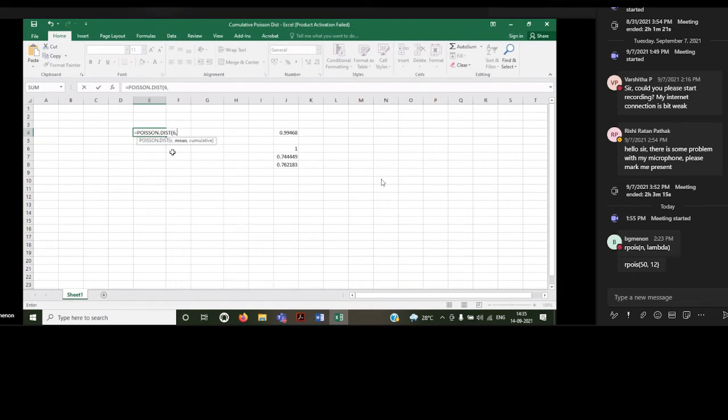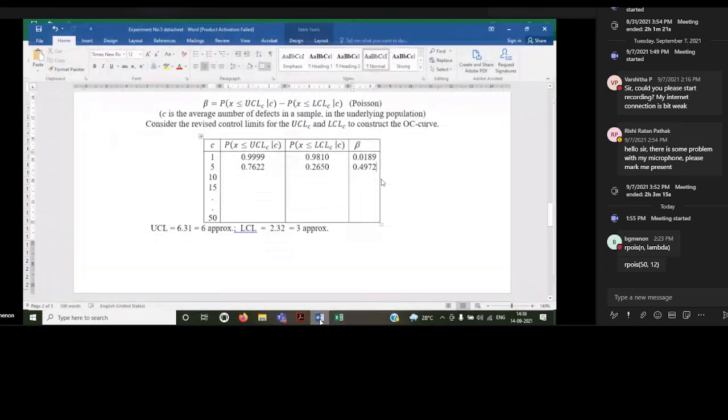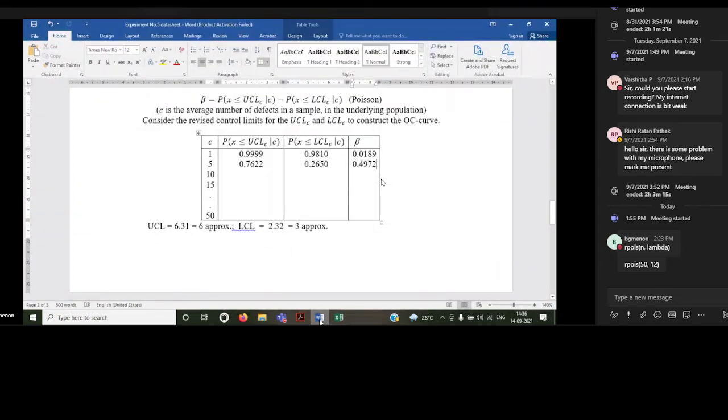And what is the mean? Lambda and C are both the same. What is the mean? 1. Comma, it should be true because it is a cumulative distribution function. Close the bracket. Enter. What is the value you are getting? 0.9999. You are getting the same here.